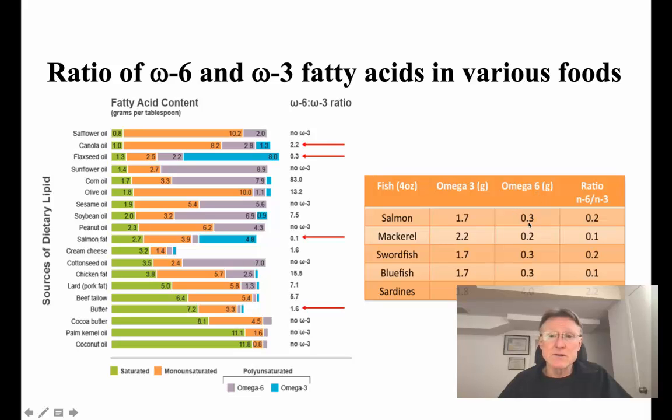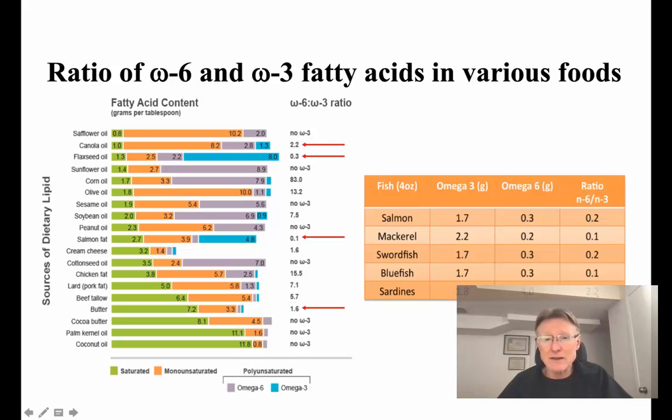So the ratio is 0.2. It's pretty low. Mackerel, 2.2 and 0.2. So the ratio is 0.1. Swordfish, 1.7, 0.3, 0.2. Bluefish, 1.7, 0.3, 0.1. And sardines, 1.8 and 4, and the ratio is 2.2.